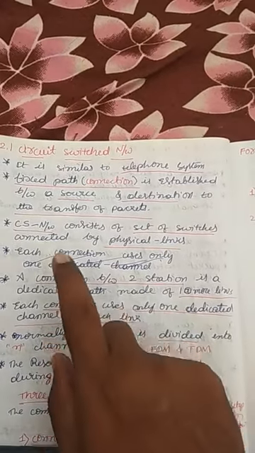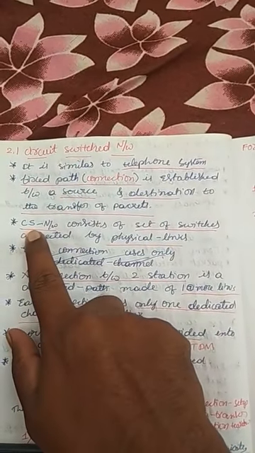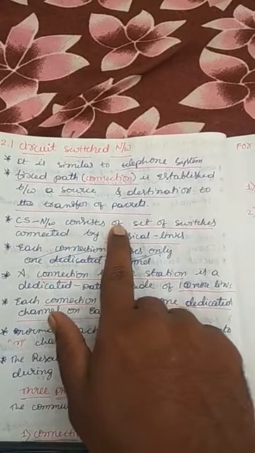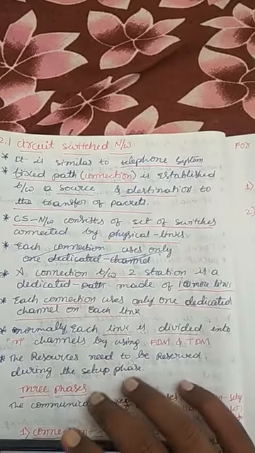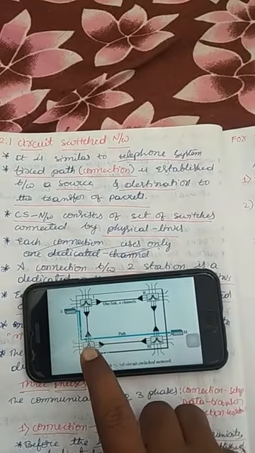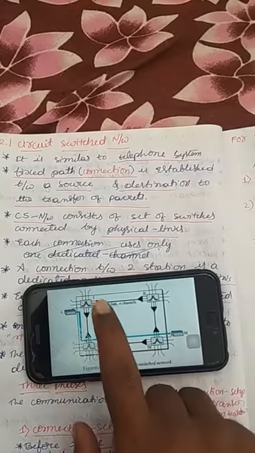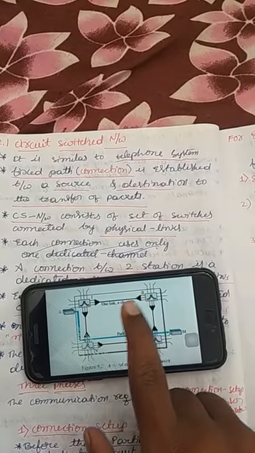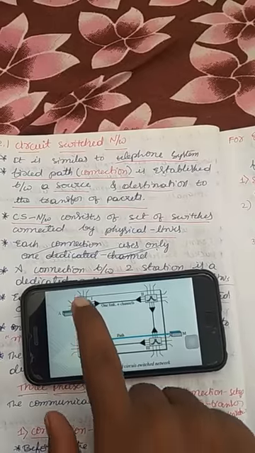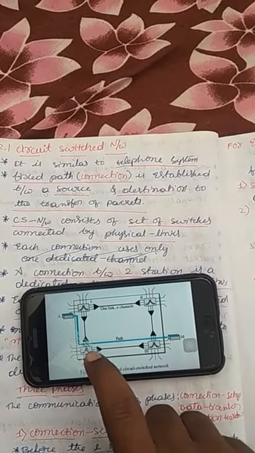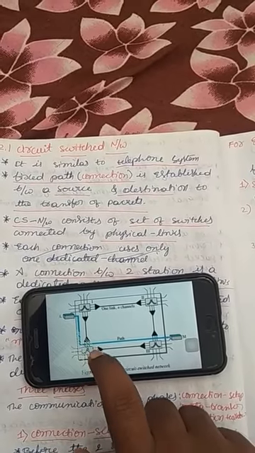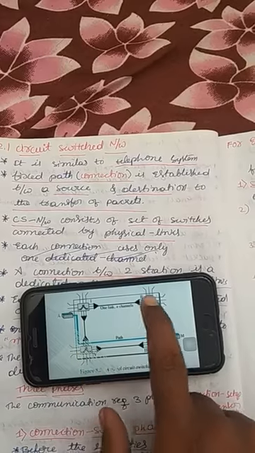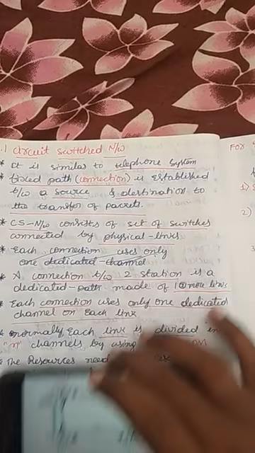Next, a circuit switched network consists of a set of switches connected by physical links. Here you can see that these are switches 1, 2, 3, 4, connected using physical links.